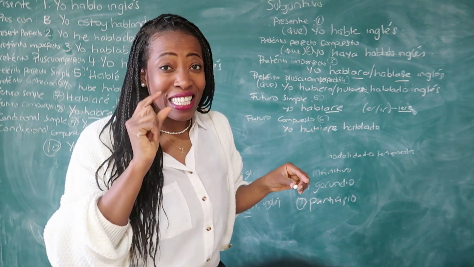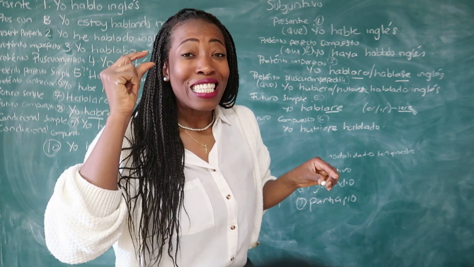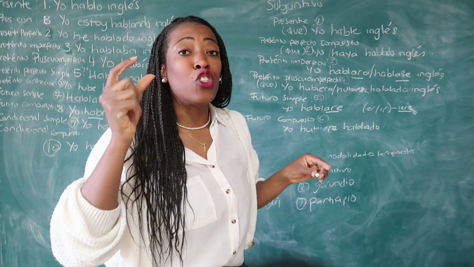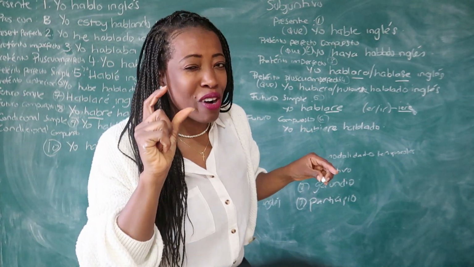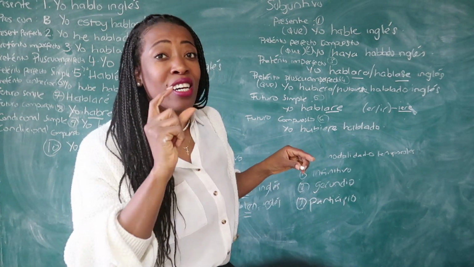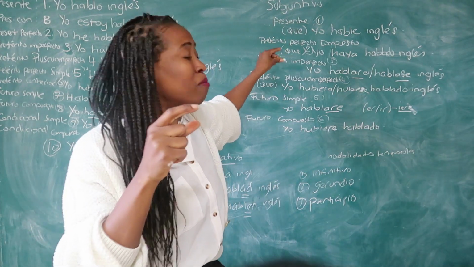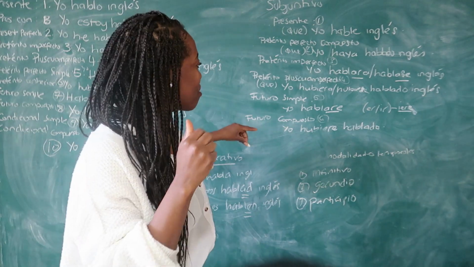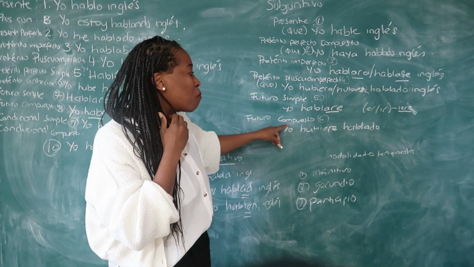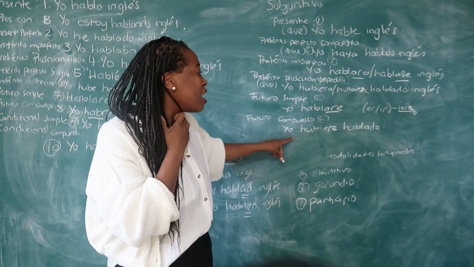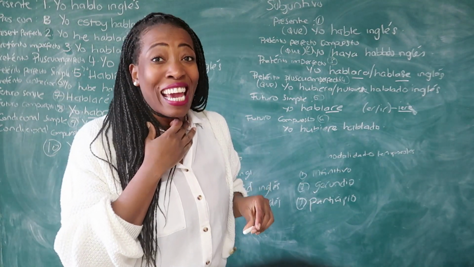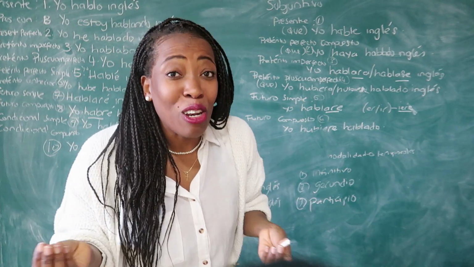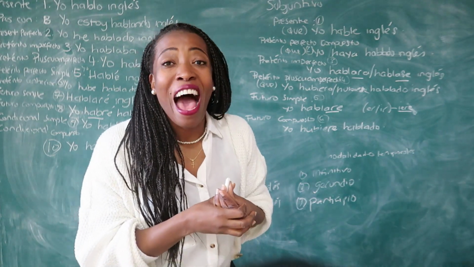This is not one of the most used tenses, but in case you see it, you will recognize that it's the future simple in the subjunctive. And el futuro compuesto sería yo hubiere hablado. Again, I don't use this a lot in the subjunctive.